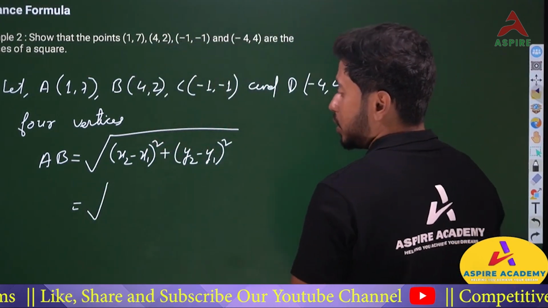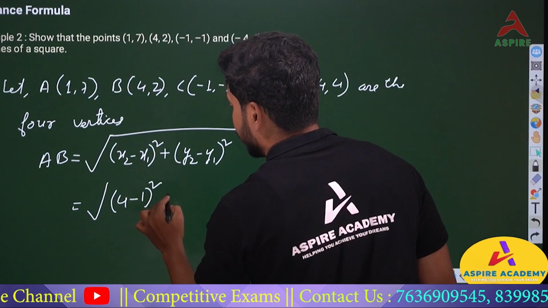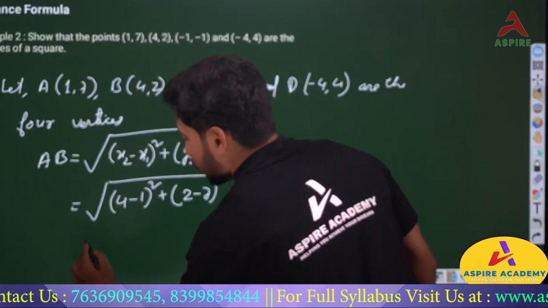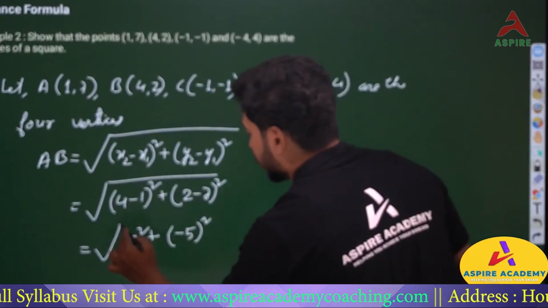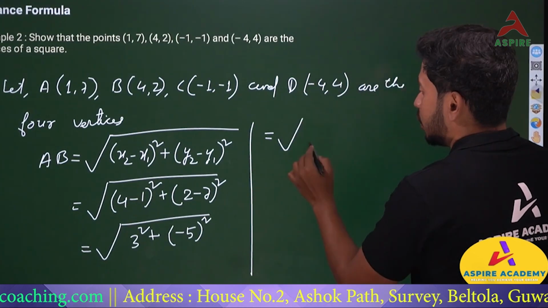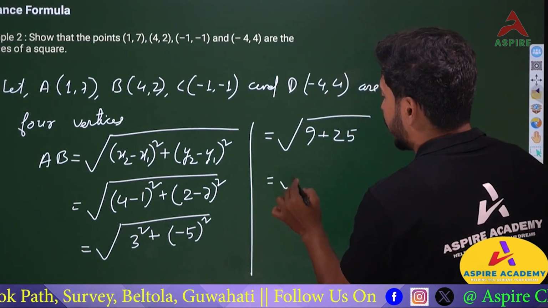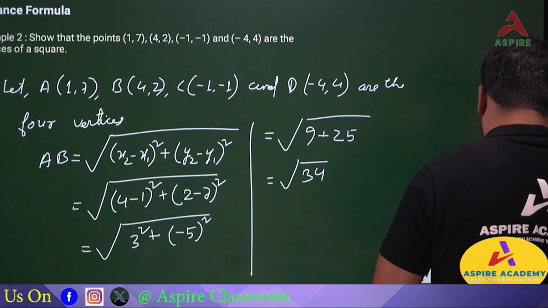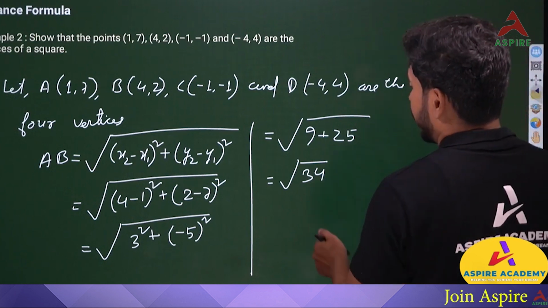Between A and B, x2 is 4, so 4 minus 1 whole square plus 2 minus 7 whole square, equal to 3 square plus minus 5 whole square, equal to 9 plus 25, because minus 5 whole square is 25, so 9 plus 25 will be root over 34, right. So this is root over 34.